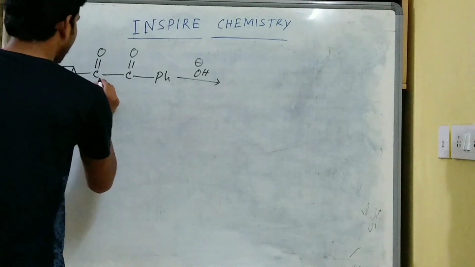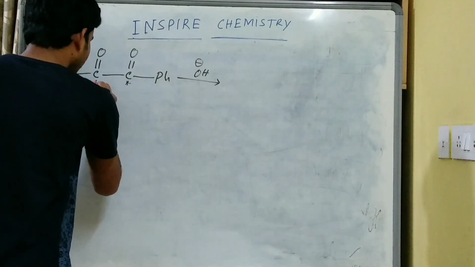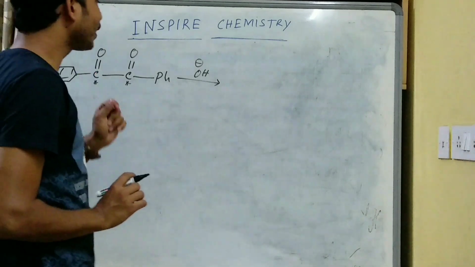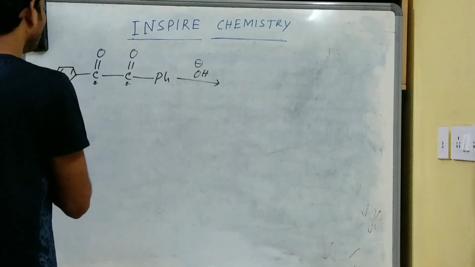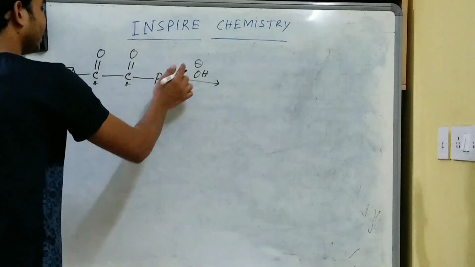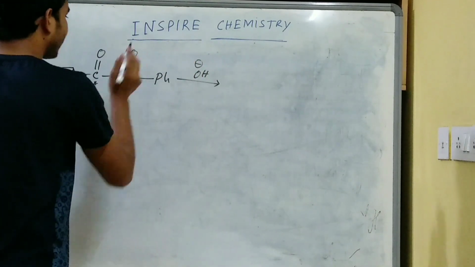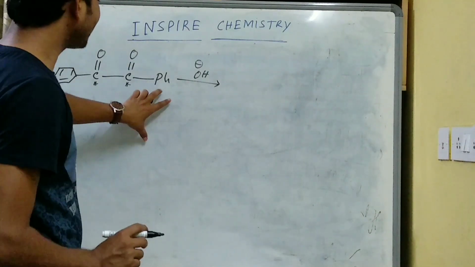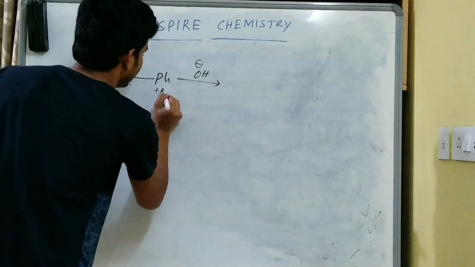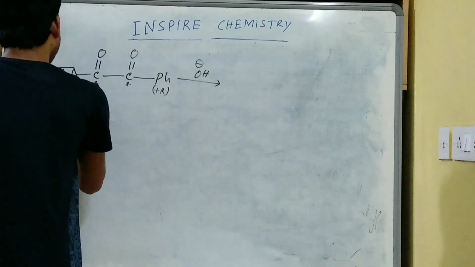Among this and this, which is more electrophilic? The carbon that is more electrophilic is where OH will attack. We see that here is Ph and here is OMe-substituted Ph. Ph also has a plus R effect, and it also has a plus R effect.